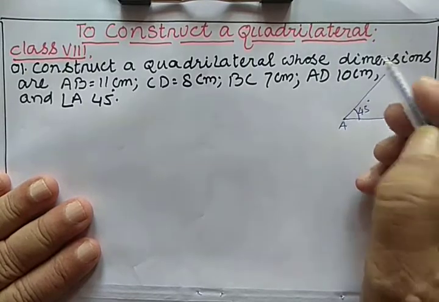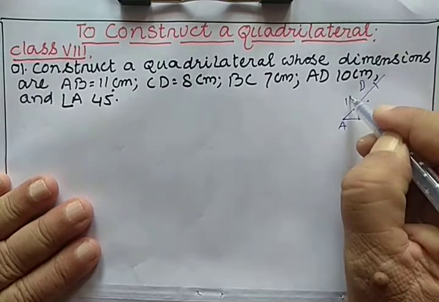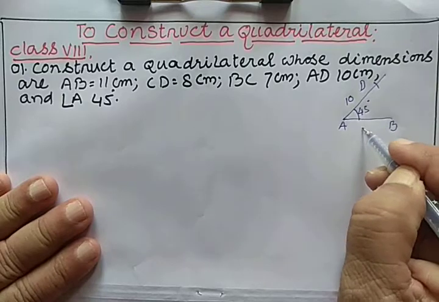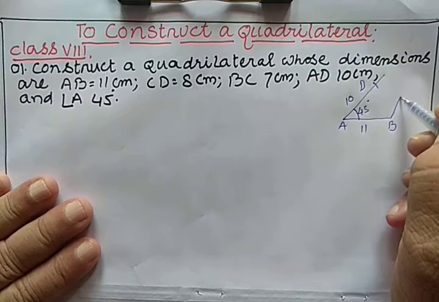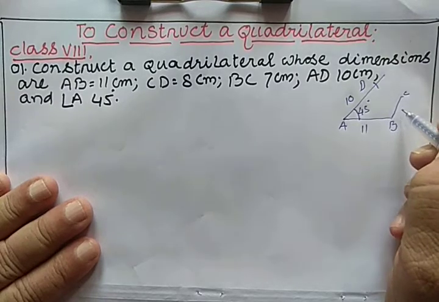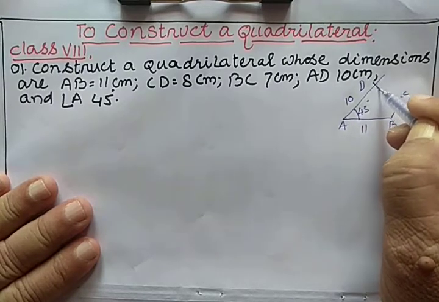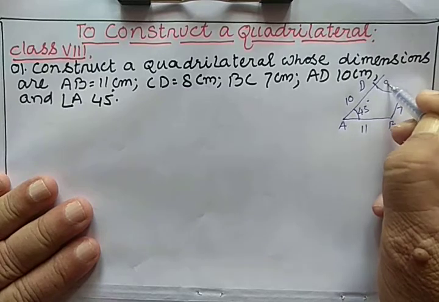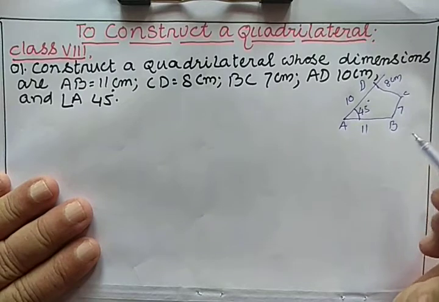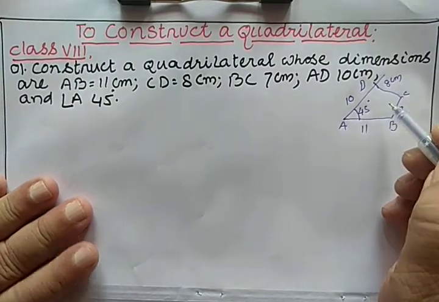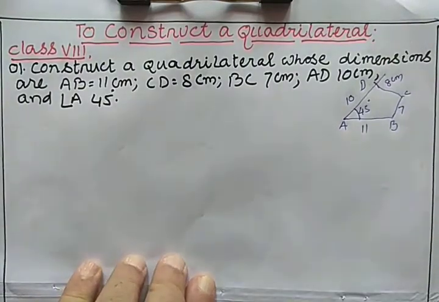AD given 10 centimeters. AB given 11 centimeters. And next, this is BC given 7 centimeters. CD given 8 centimeters. Clear? So the diagram will be like this. So now let us draw the actual diagram.